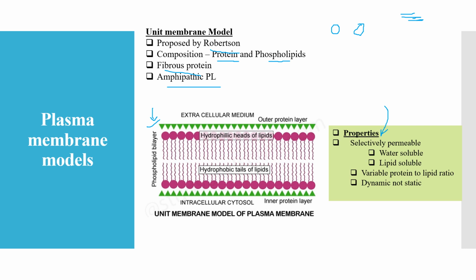The first property was selectively permeable. Now we will start from the lipid soluble substance, because this is the lipid soluble substance. This lipid soluble substance can easily pass through the lipid bilayer and then the protein, and now the lipid molecule has entered the intracellular cytosol, because the lipid bilayer is composed of phospholipid, so there was no problem for lipid soluble substances.